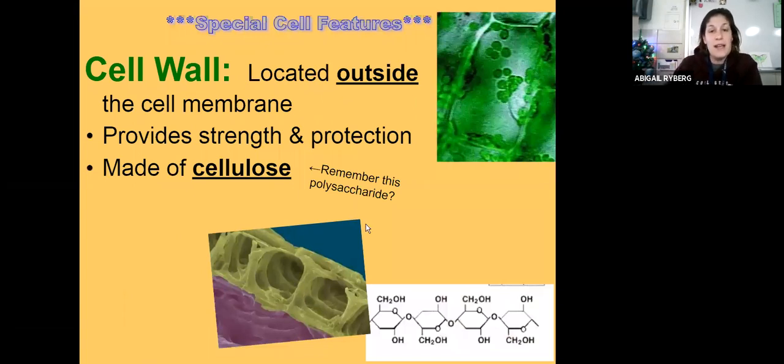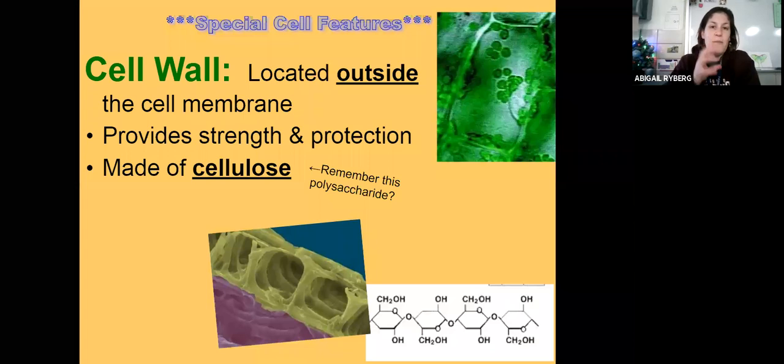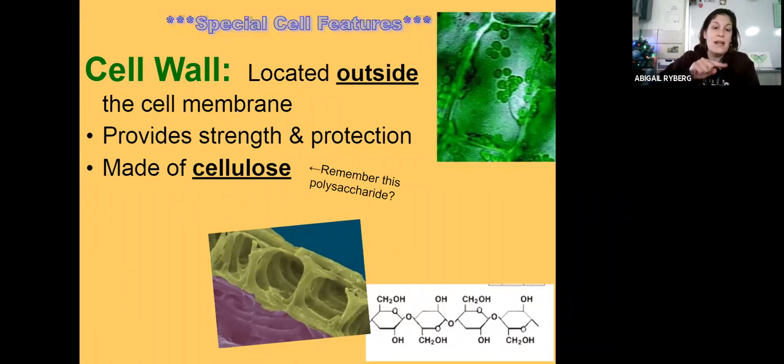Plant cells have a cell wall. Both plant and animal cells have a cell membrane, and a cell membrane is a really flexible membrane. Plant cells, however, always have a cell wall. This is located outside of the cell membrane, and it provides strength and protection, and this is made of cellulose.